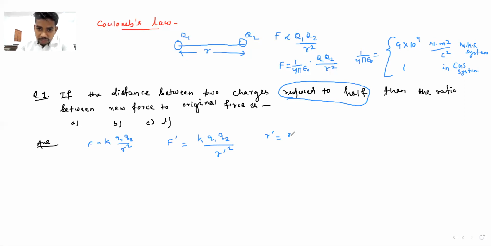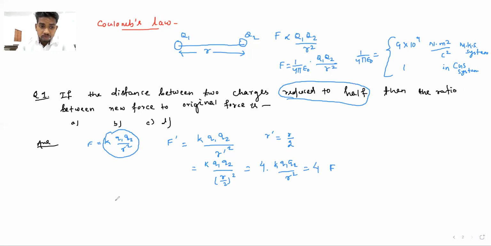Reduced to half means R becomes R by 2. R prime becomes R by 2. So it will be K Q1 Q2 by R by 2 square, which will be equal to 4 times of K Q1 Q2 by R square. That means 4 into F, because F is K Q1 Q2 by R square.